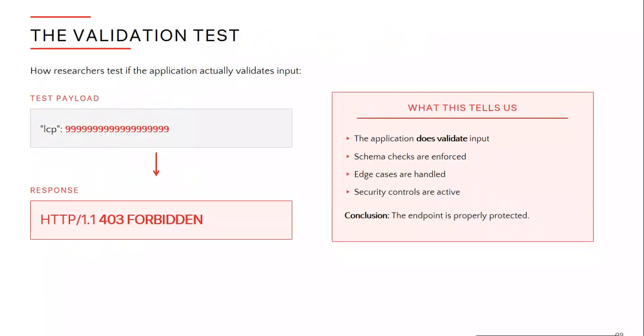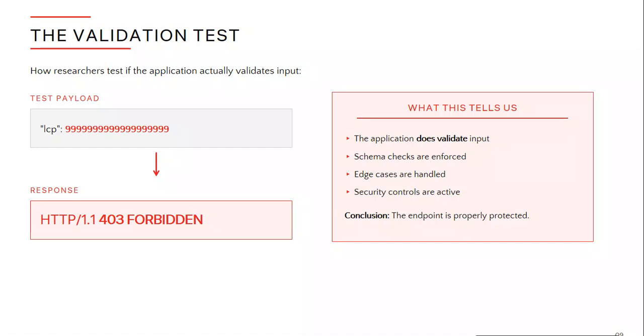Now, the validation test I did, where I got a forbidden response, I'll be explaining that shortly. I tested the payload and I got a forbidden page. What this tells us is that the application validates inputs.